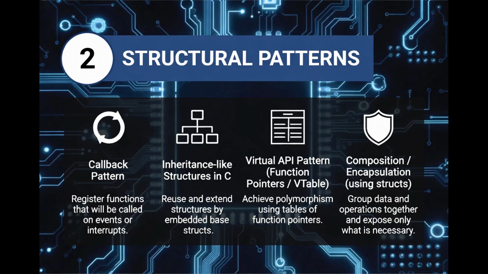The third structural pattern is the virtual API pattern. This is perhaps the most powerful large-scale design pattern in embedded C. Function pointer tables implement polymorphism. Different hardware implementations expose a common API. For example, multiple storage devices may expose read, write, and erase, but internally they might be using completely different hardware logic.